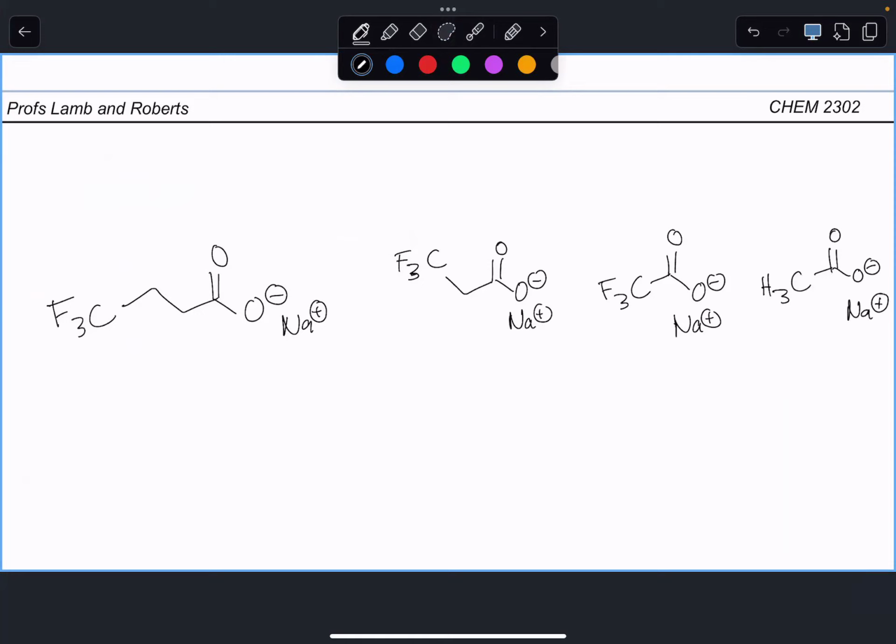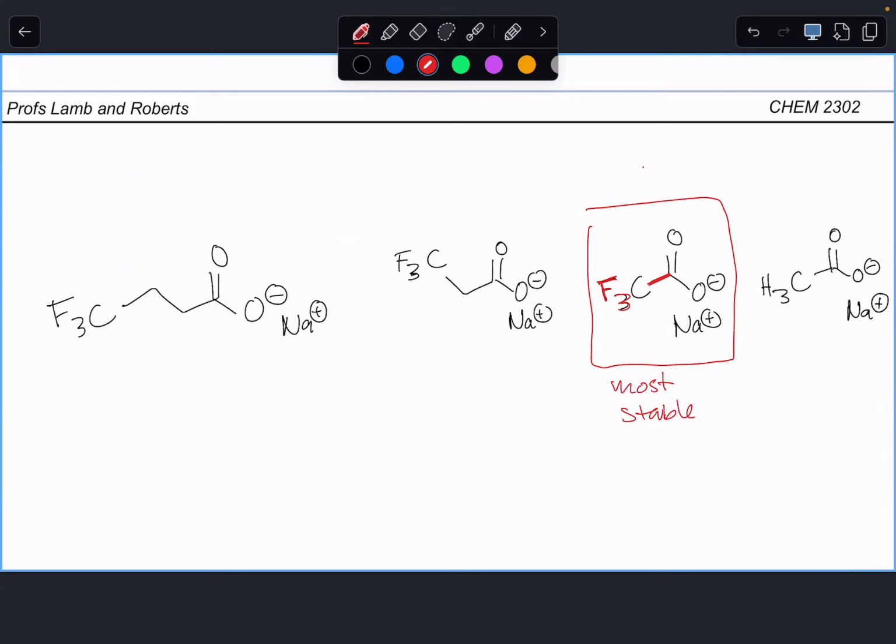Okay, so first we have to recognize that the stability of the carboxylate meant that the carboxylic acid was the most acidic, so which one's going to deprotonate the most. And the one that has a CF3 group directly attached to that carboxylic acid is going to be the most stable.